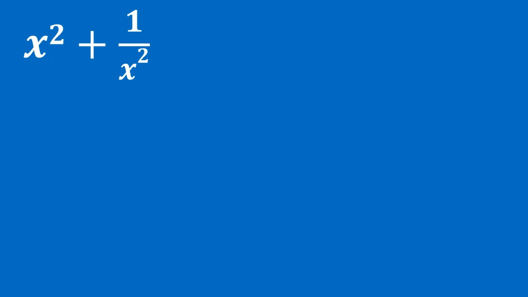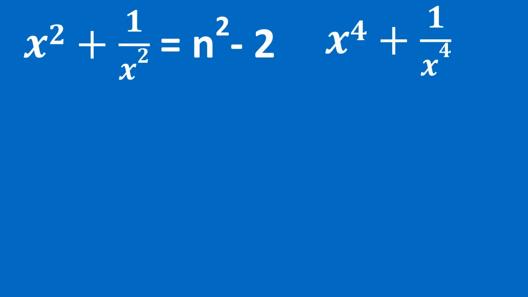We will be using this expression which we had generated earlier: x squared plus 1 over x squared is equal to n squared minus 2. We will be using it to form an algebraic expression for x raised to the power 4 plus 1 over x raised to the power 4.